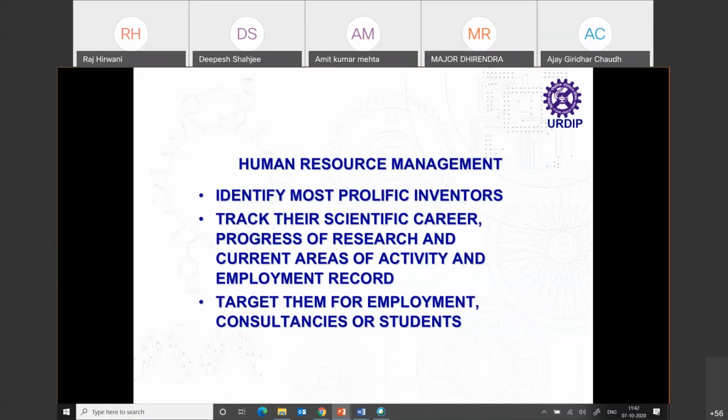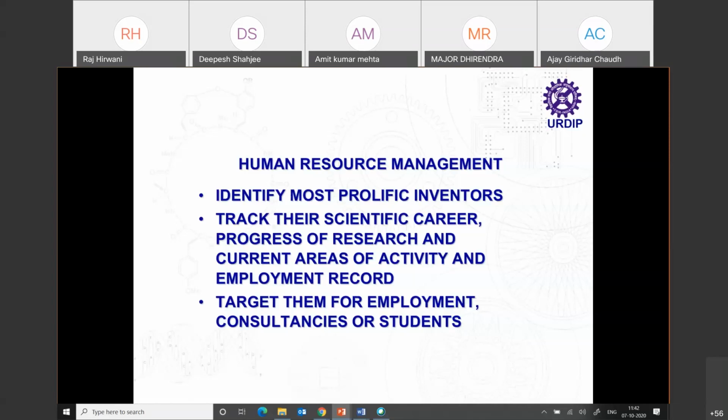Patents are an important source. They are listed there as inventors. Identify them, track their scientific career. Where they worked, what research they have done, what is their employment record.